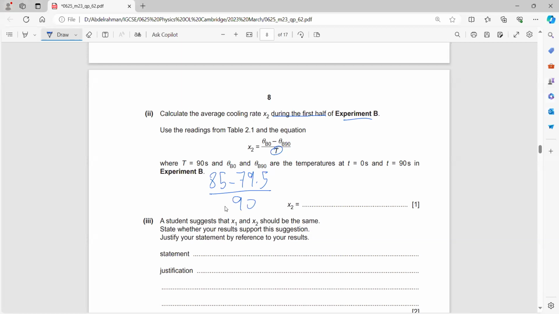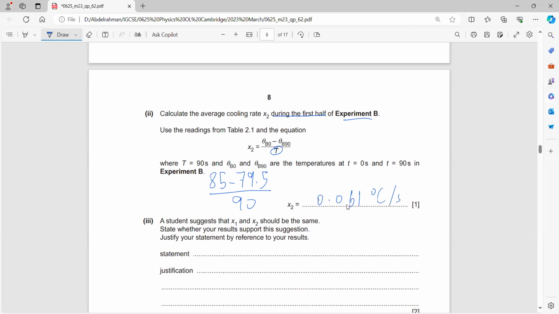What's the final answer? 0.06. Can you give me two significant figures? 0.061 degrees Celsius per second.